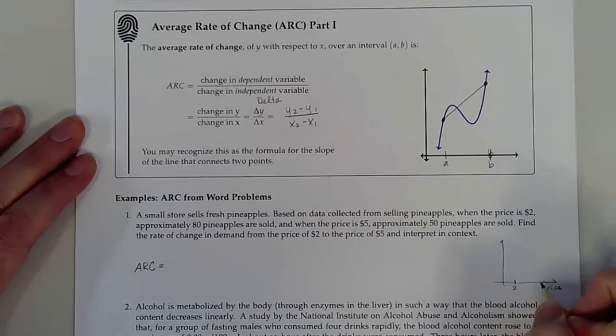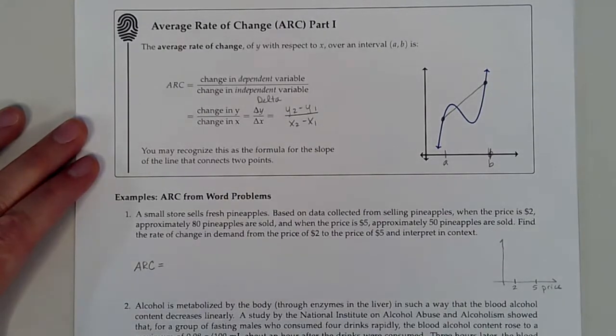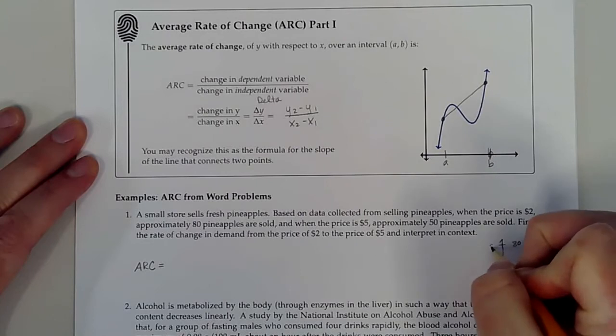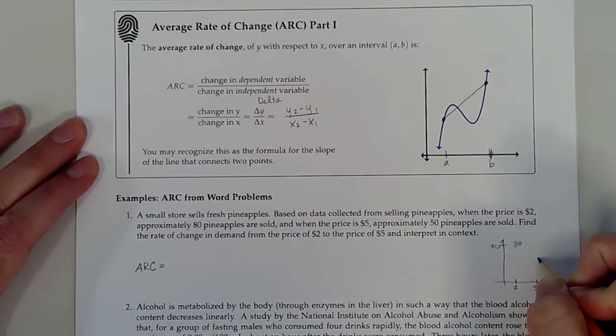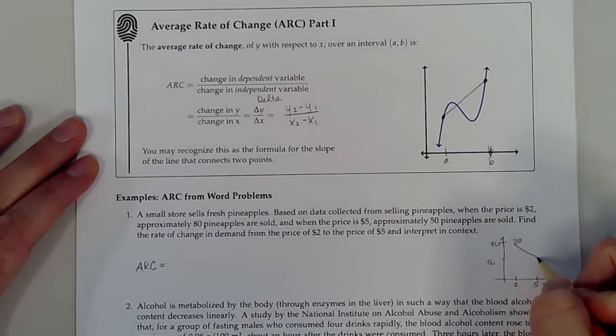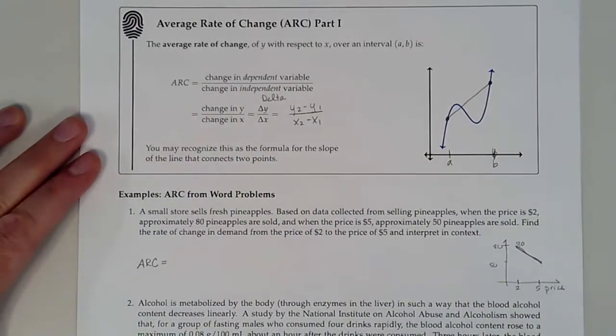I can set that price at $5. And then what I would be interested in is measuring how many pineapples are sold at that price. So we'd be looking at that 80 pineapples here. And if we increase the price, we sold more like 50 pineapples. So we're really looking at this as being our average rate of change.